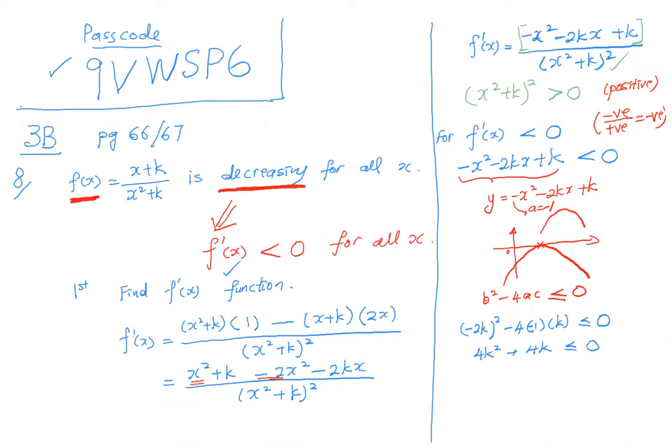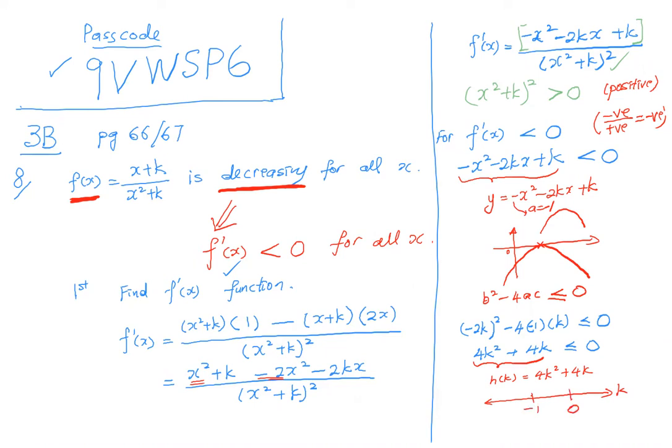So we have another function here in terms of k. If we want to solve the inequality, we can draw the sign diagram for this. So I take this as h of k, 4k squared plus 4k. So this is my k value. So I have -1 and 0.